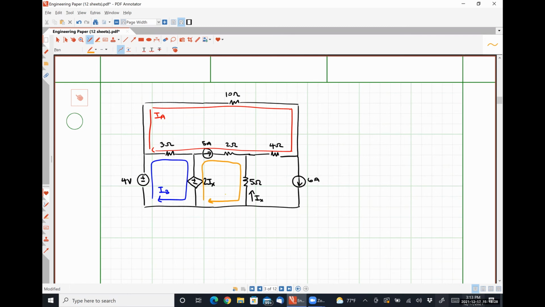This guy will be IC. This guy will be ID. We have steps 1 and 2 already taken care of, right? We've identified our meshes and labeled them all in kind of one go. So our third step would be to write our controlling variable equation.